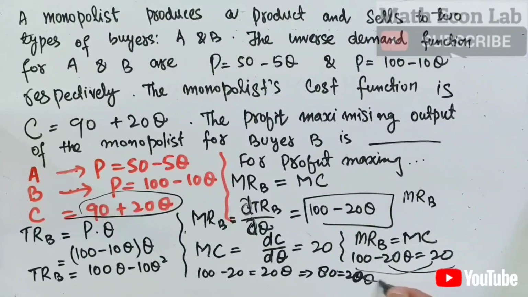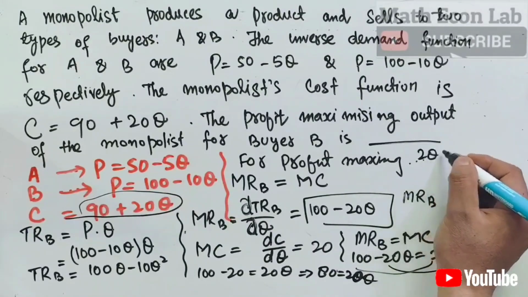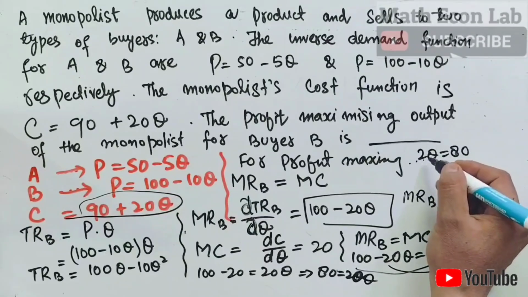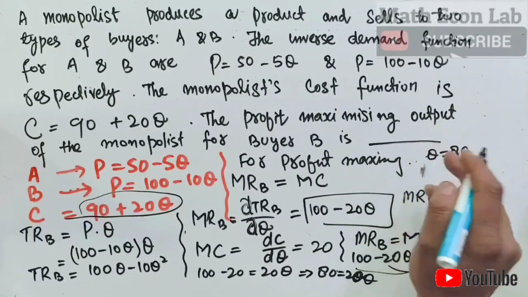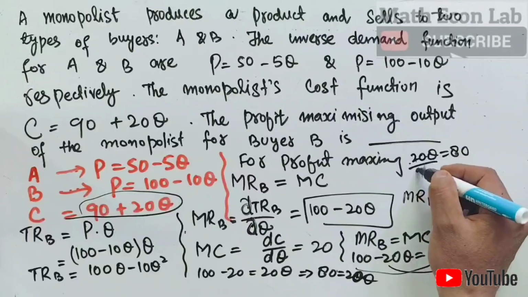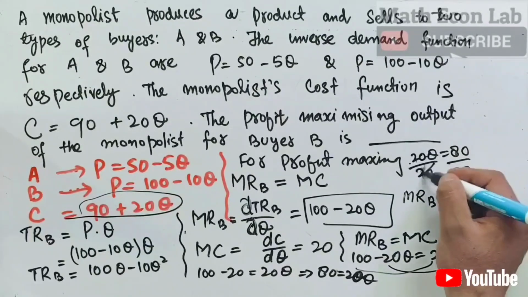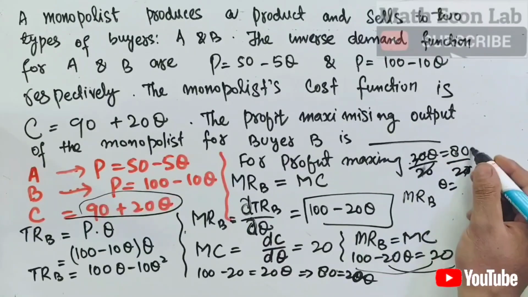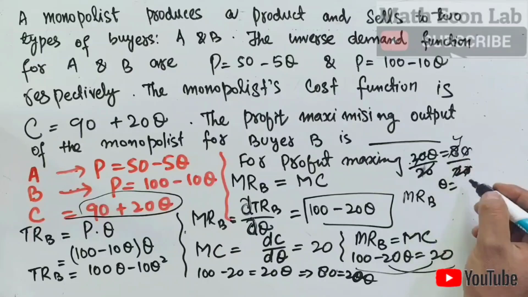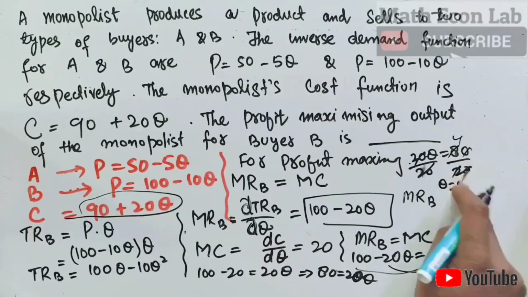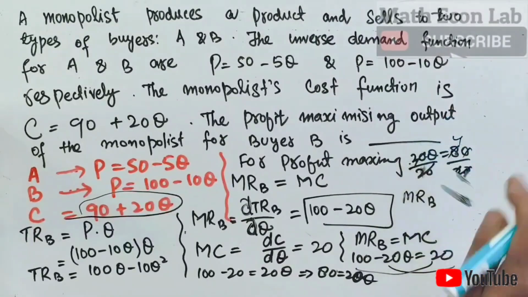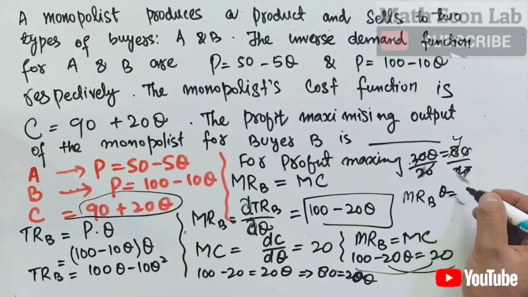So we got 20Q is equal to 80, dividing both sides by 20, Q will be equal to 4.